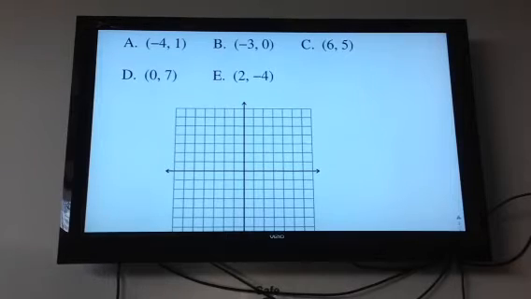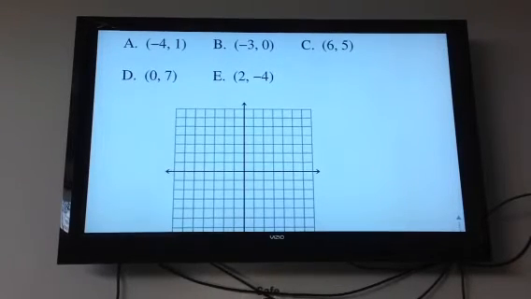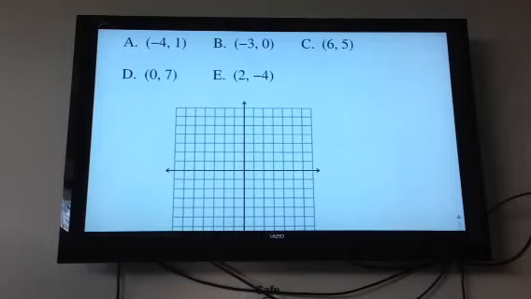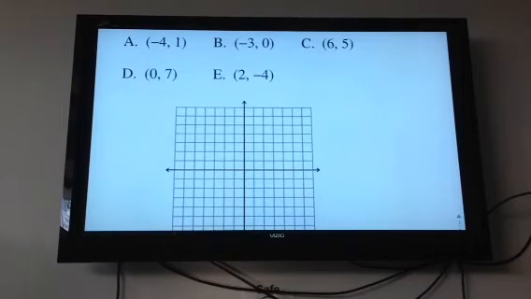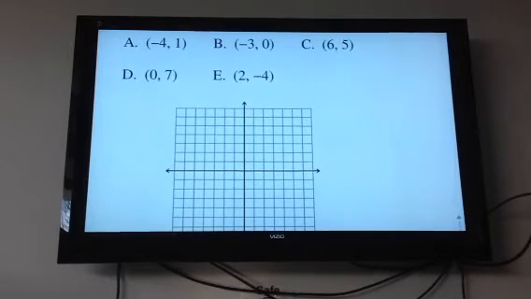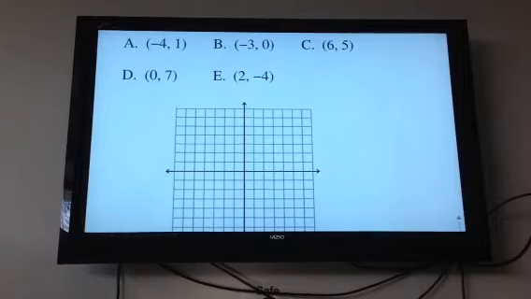This is what you're going to be doing with points in this goal 7. Sometimes this isn't easy to do on your iPad, I know.